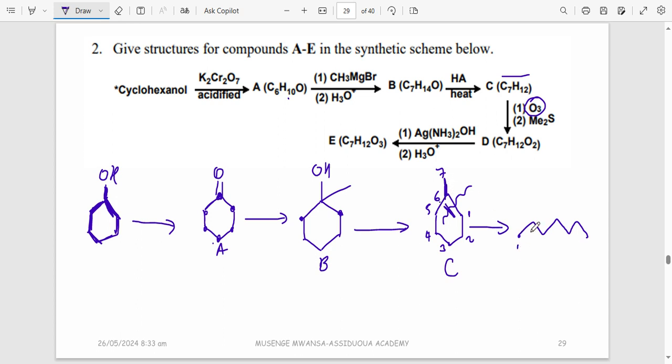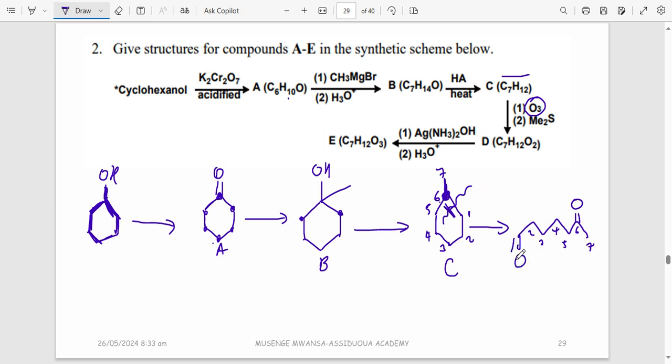Let me number this 1, 2, 3, 4, 5, 6, 7. At carbon number 6, this is where we have to break the bond, because there was a double bond, and in ozonolysis you attach an oxygen there. And at carbon number 1, that's also where there was a double bond, that's why we had to break it, so there's also a double bond there.